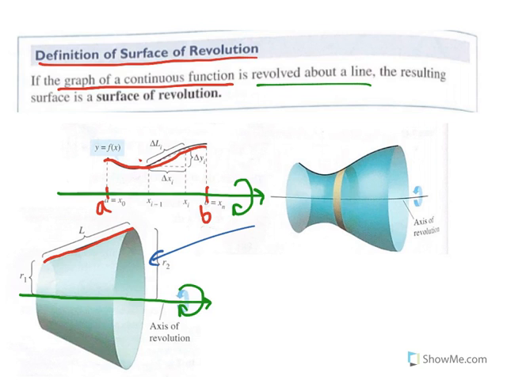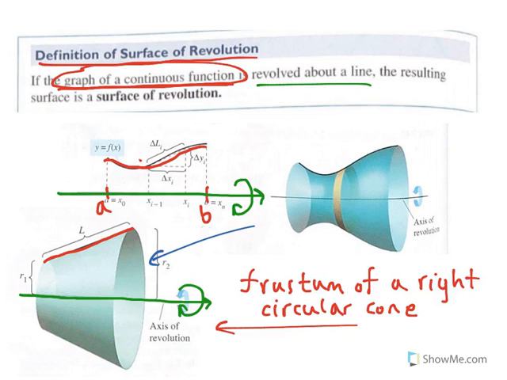Now, if the original graph is a line segment, you get what we call a frustum of a right circular cone. And if you wanted to find the area of this particular surface of revolution, you don't need calculus. There is a pre-calculus formula that will tell you the area of this surface of revolution.